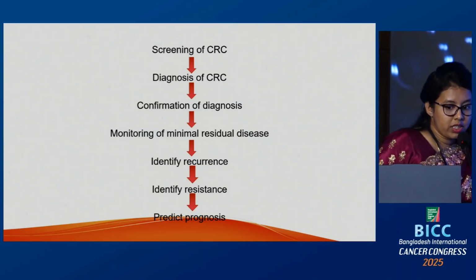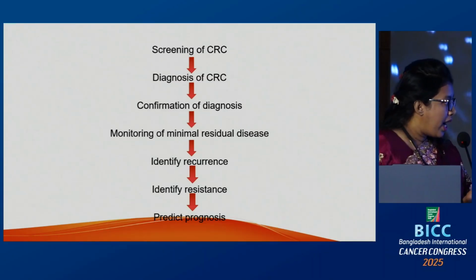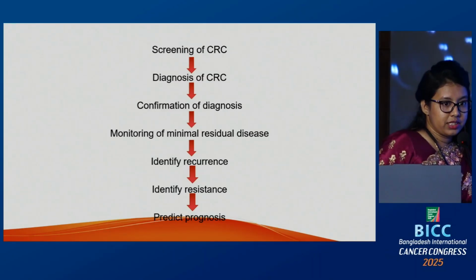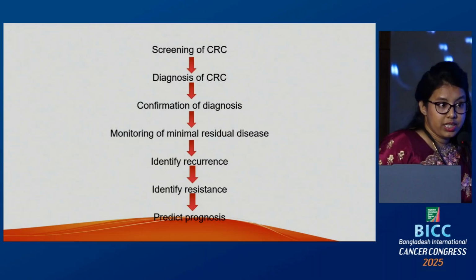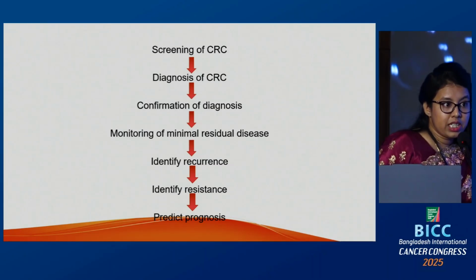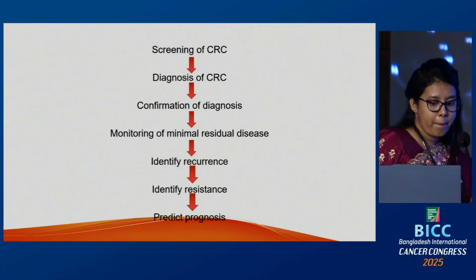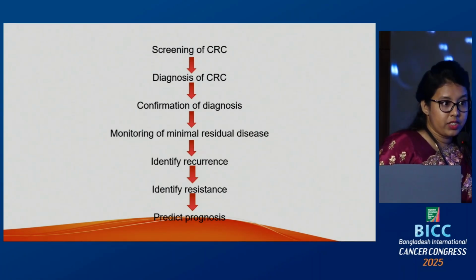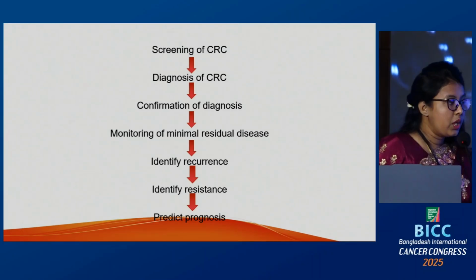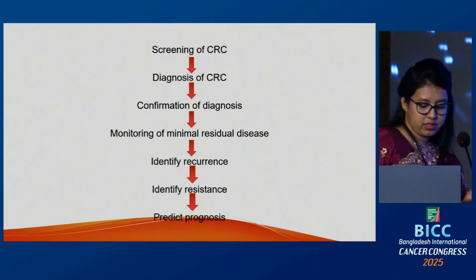And the most important use here is to identify minimal residual disease, which is usually done 4 weeks after surgical resection or completion of adjuvant therapy. It is also used to identify recurrence or resistant disease or subclinical relapse. In this way, it helps in prediction of prognosis.